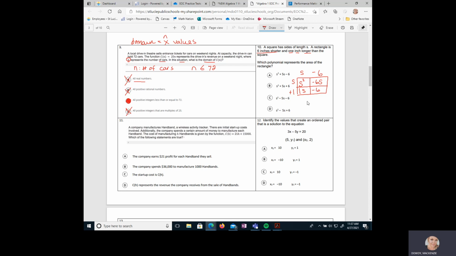Combine your terms diagonally, you get S squared, -6 plus 1 is minus 5S, and then minus 6. There's your polynomial that represents the area of the rectangle. That is the same thing as C. S squared minus 5S minus 6.